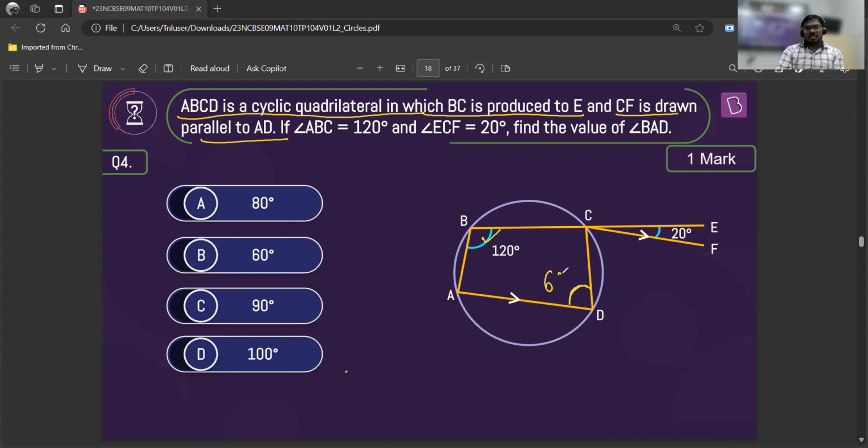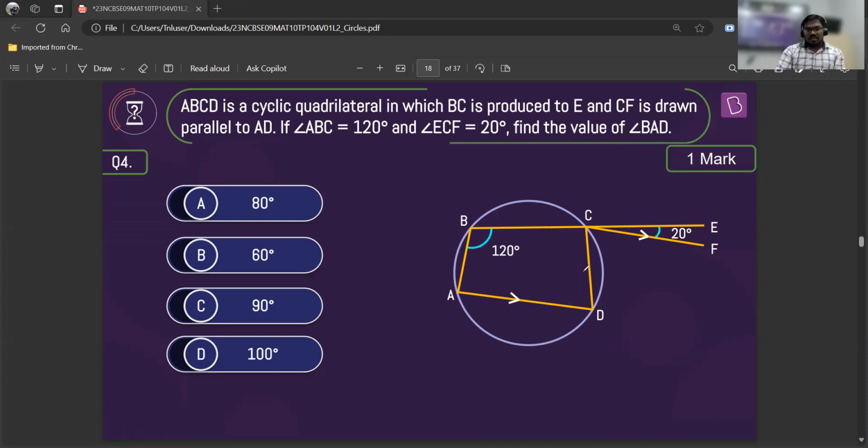Yes, it is 60. Why? Their sum will be 180. And one more important thing, angle ECF, this small part, is given as 20. We have to find angle BAD. If anyhow we get this angle, then we are done. But how to find that one? That is important.